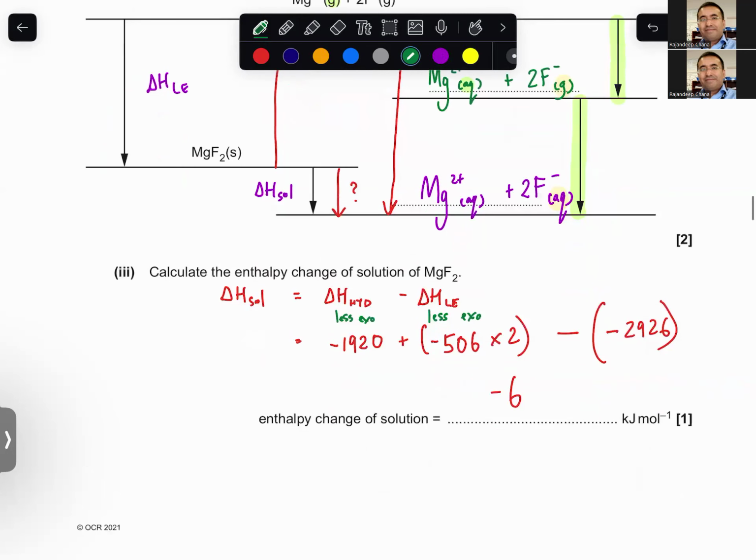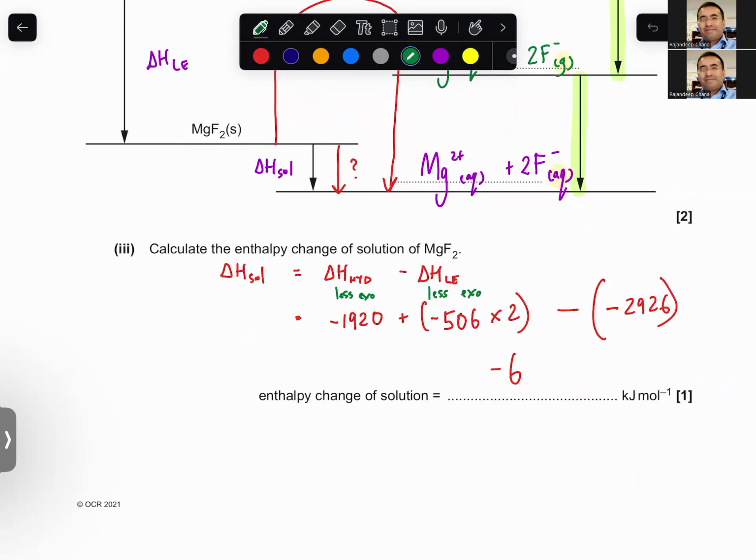Now, if the hydration enthalpies are going to be less negative in the case of iodide ions, and the lattice enthalpy is also going to be less negative. Sorry, I'm using the wrong words here. Bear with me. Less exothermic, and lattice enthalpy is also less exothermic.